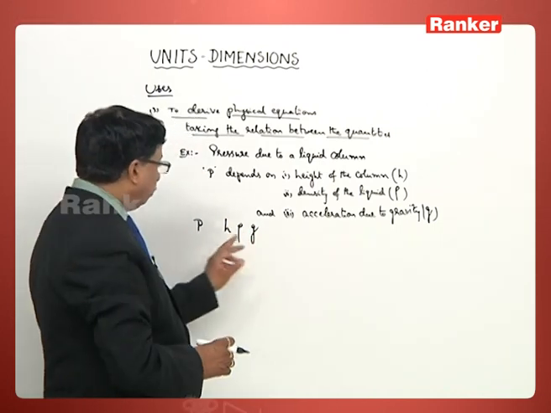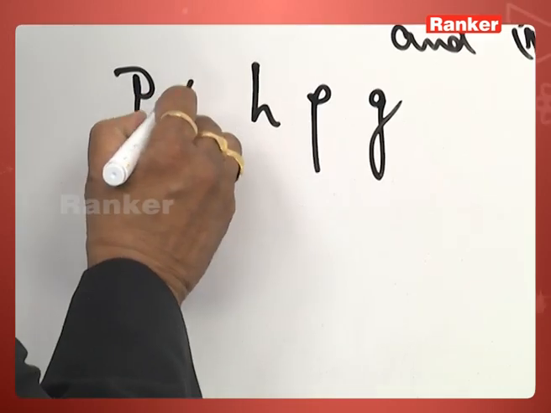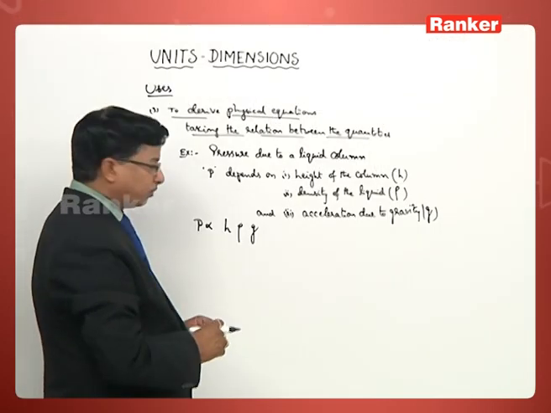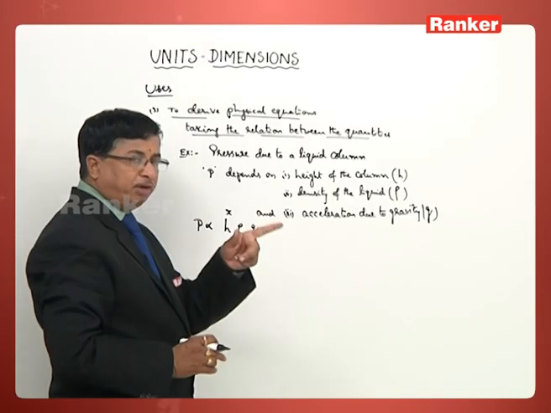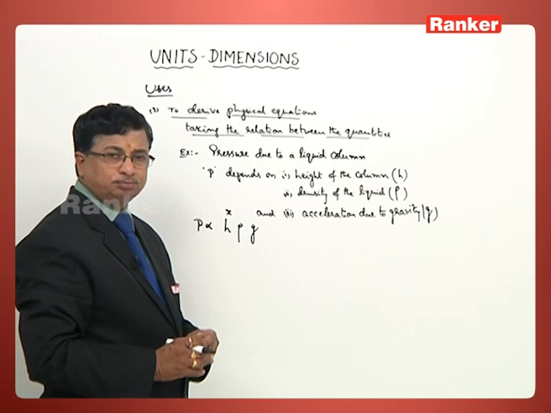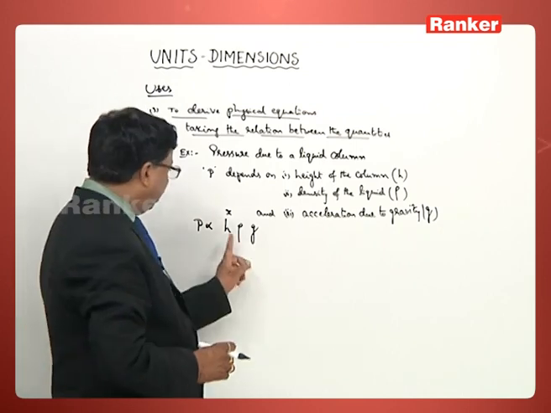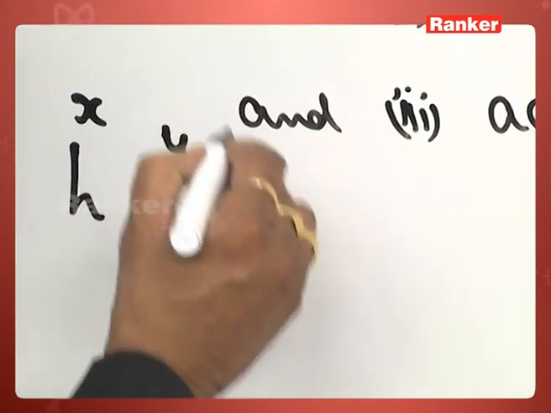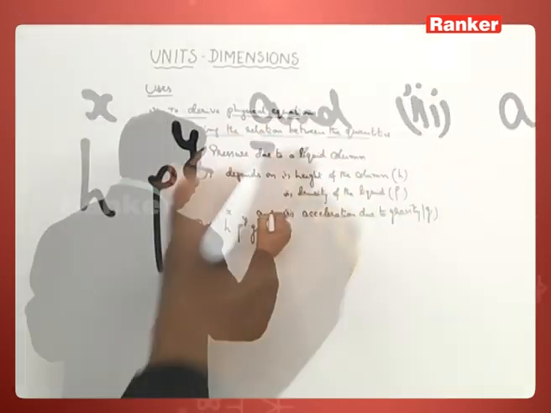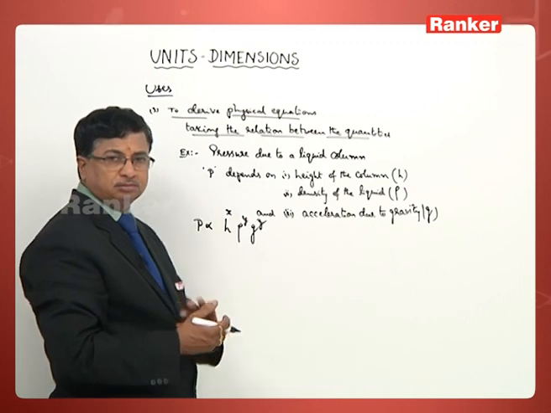Therefore, what we used to do here, we take P is proportional to h to the power x. To which power it is proportional we do not know. Therefore, I take the power of h as x, power of rho as y and power of g as z.